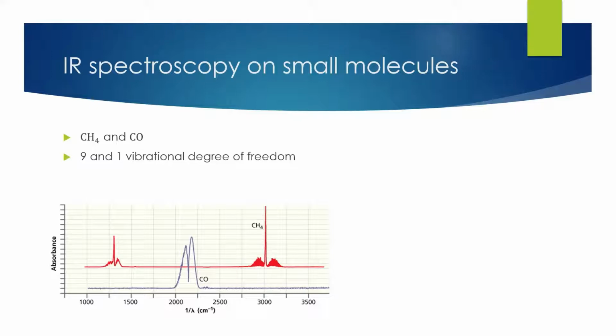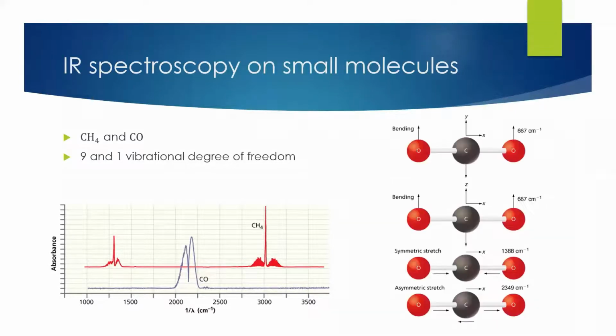Let's start with methane. Why do we only see 2 peaks instead of 9? It turns out that some of the vibrational modes for methane are symmetrical. And if we have a symmetrical mode, we're not going to be able to see that, because remember, for something to be IR active, it has to have a non-zero dynamic dipole moment.